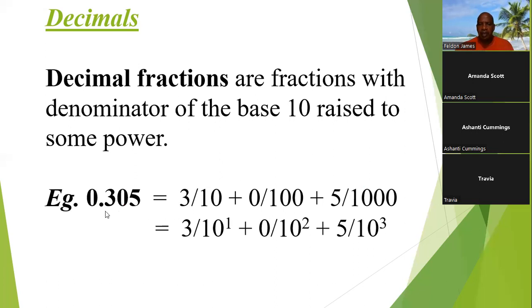So you can basically look at the powers to tell what decimal places these numbers have, right? Because it is over 10 to the power 1, it has 1 decimal place. Over 10 to the power 2, then the 0 is 2 decimal places. 10 to the power 3, then the 5 would be 3 decimal places.